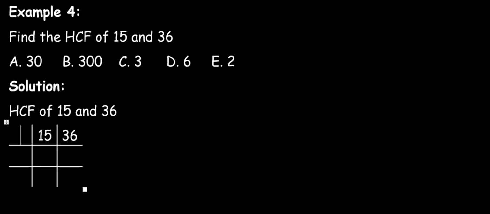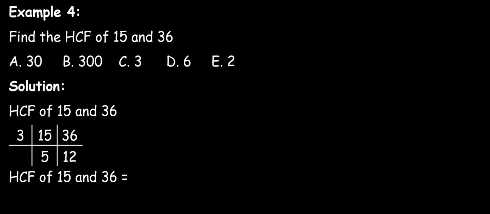A factor we pick must divide the given numbers without remainder. And here it is 3 that can do that. 3 divides 15 to give 5. 3 divides 36 to give 12. We stop there because no other factor will divide through without a remainder. So the HCF of 15 and 36 is equal to 3.